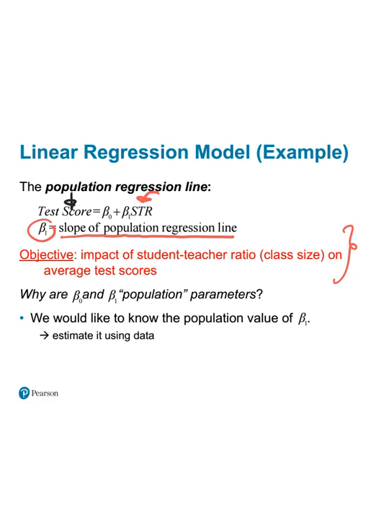Okay? What are policymakers going to do with this? Well, sometimes they have the money to reduce the size of classrooms by hiring more teachers and spreading out the students. If they see this as worthy, they might invest in additional teachers so that they can increase their average test scores across their classrooms so that they can get more grants from, let's say, the state or the federal government. Right?